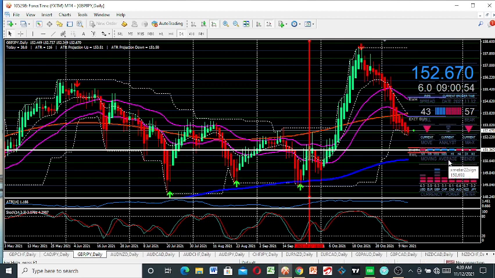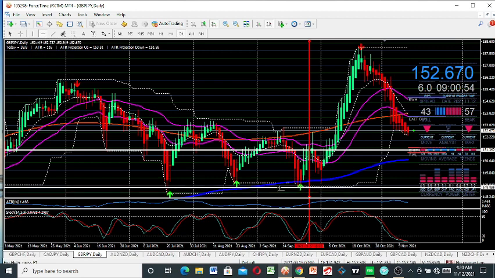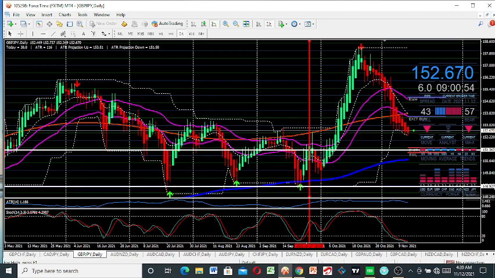How do we set our stop loss? We put a horizontal line at the support level here, and we note the price at that level, which is about 148.97.